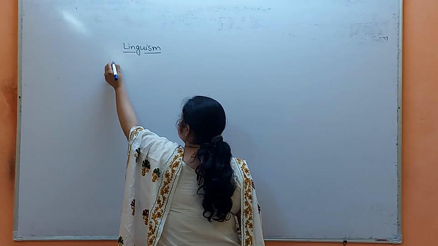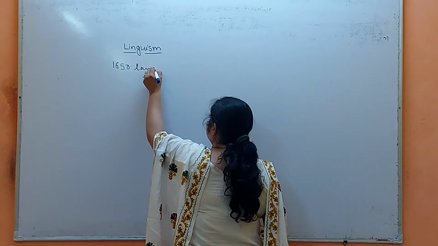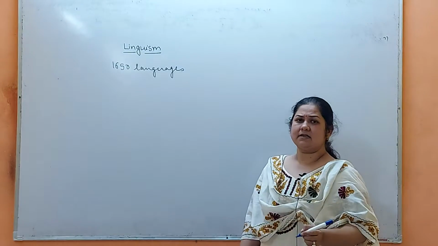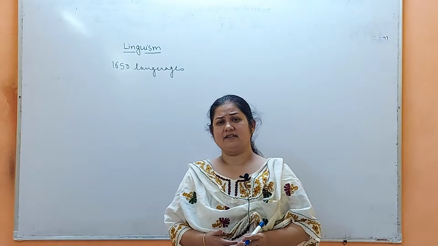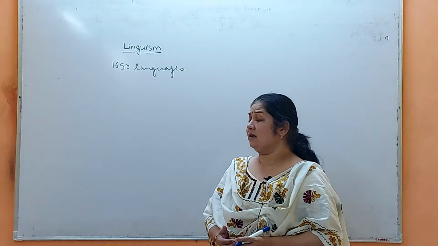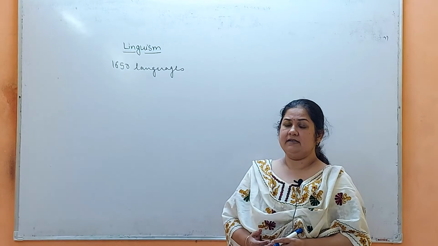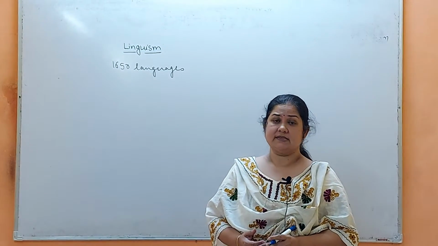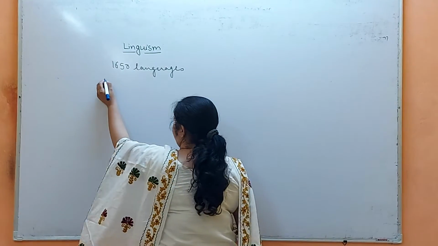Now see, nearly 1650 languages are spoken in India, and India is considered to be the land of languages because at every 10 kilometers dialect changes, and so there are so many languages which are spoken in India, and hence framers of constitution decided to select certain languages as recognized language.